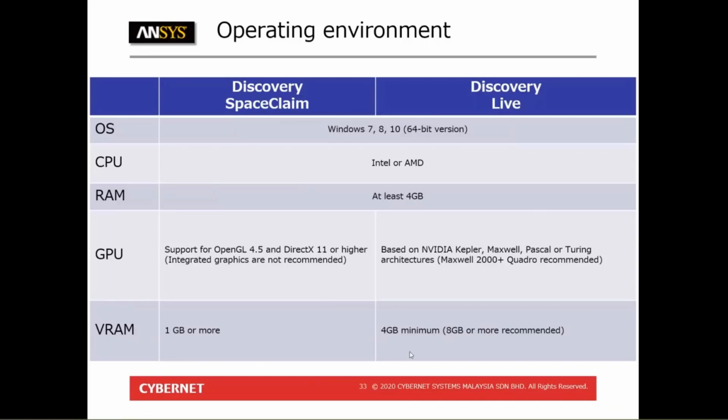In terms of architecture, you can have either Kepler, Maxwell, Pascal, or Turing architectures. The Maxwell-based Quadro 2000 is really recommended. For the video RAM, Discovery SpaceClaim again does not need a high requirement, just 1 GB or more. But for Discovery Live, 8 GB or more is recommended.